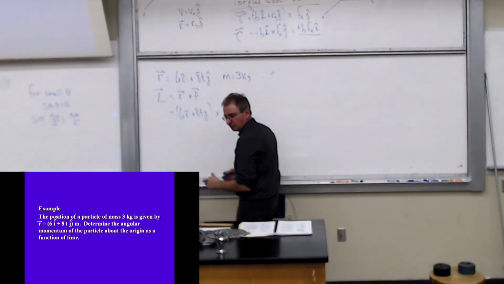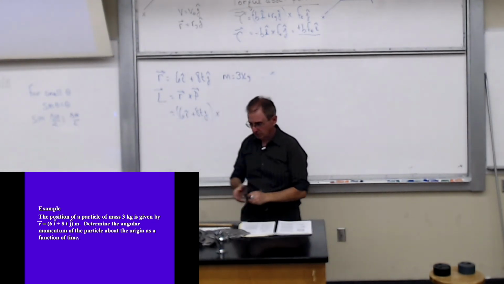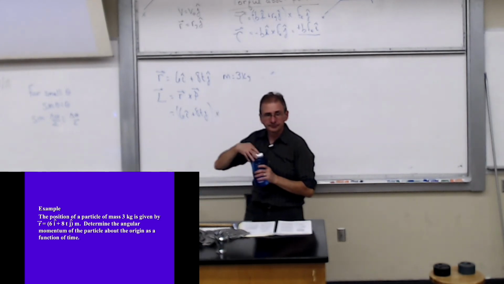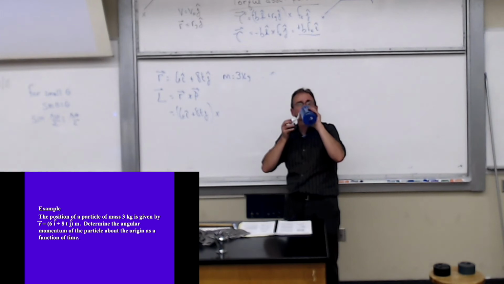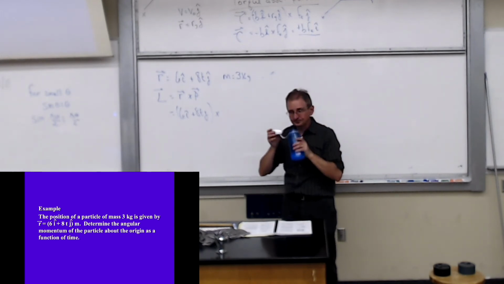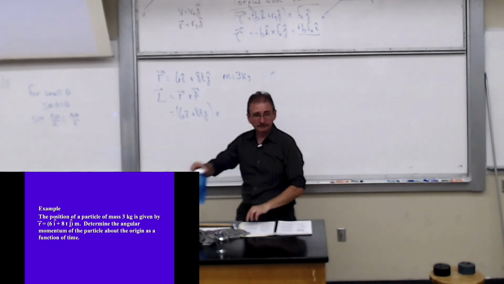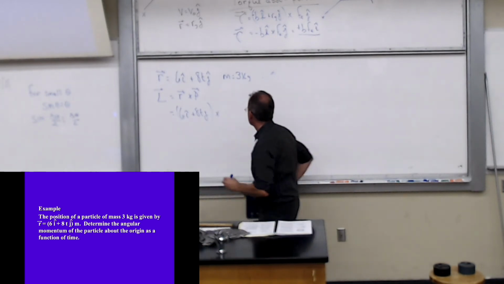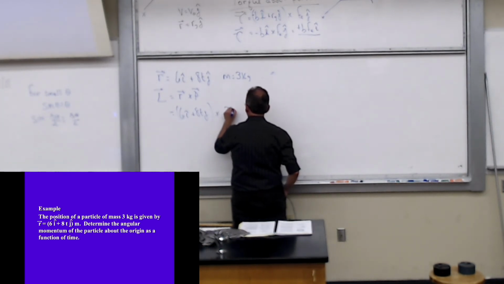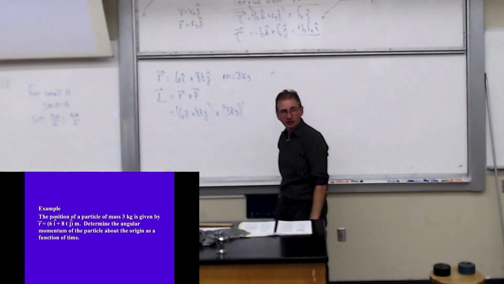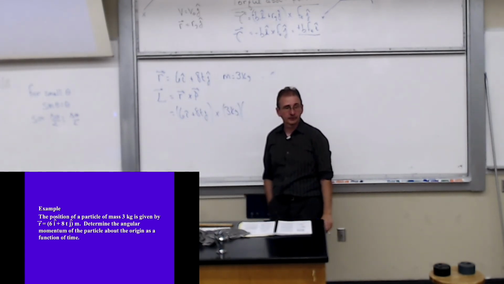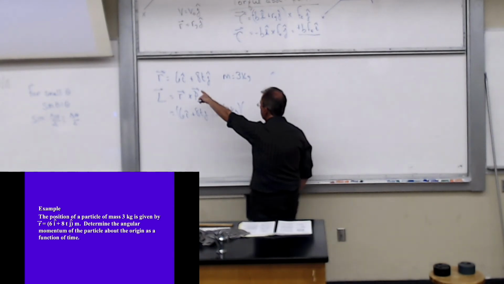What's P? How do I get P now? Well, P is M times V, so it's going to be 3 kilograms times V. What do I put for V? I take the derivative of this with respect to time.